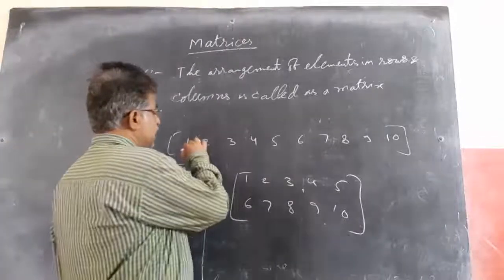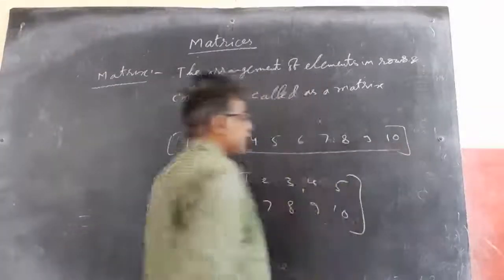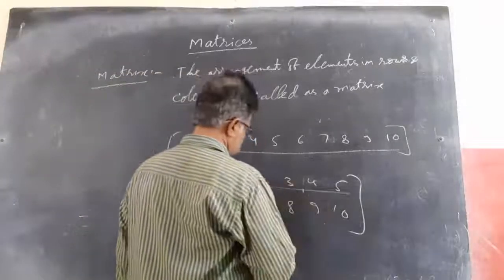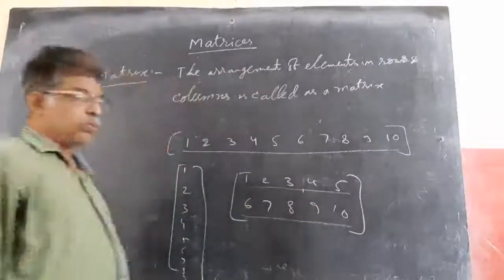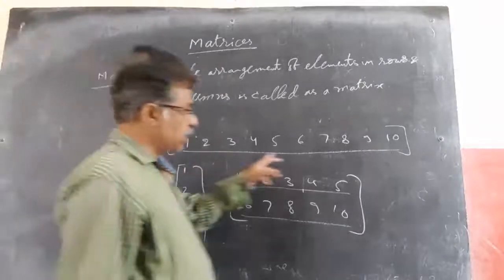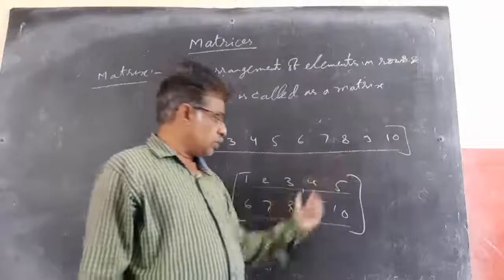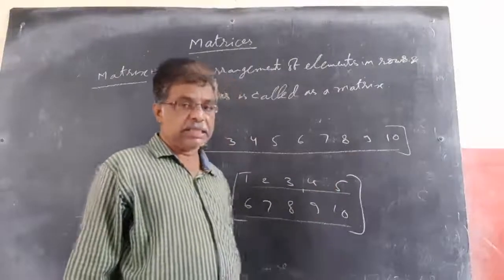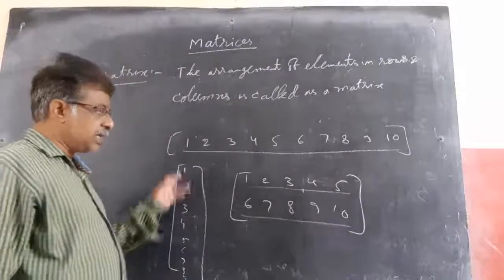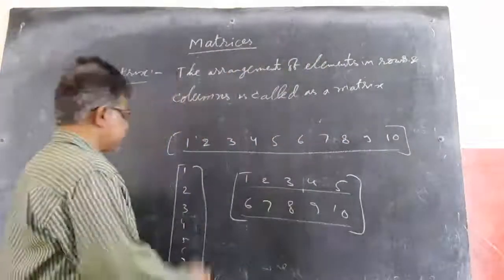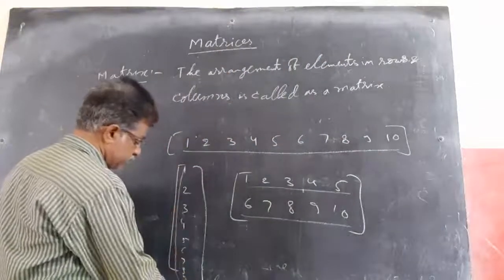The horizontal arrangement is called a row. In the first arrangement I have only one row, in this one I have two rows. The horizontal arrangement is called a row and the vertical arrangement is called a column.